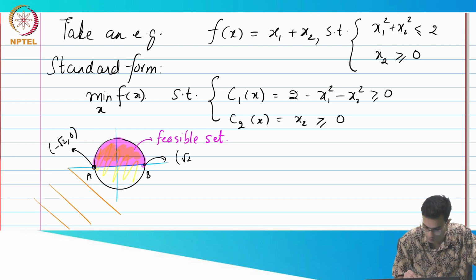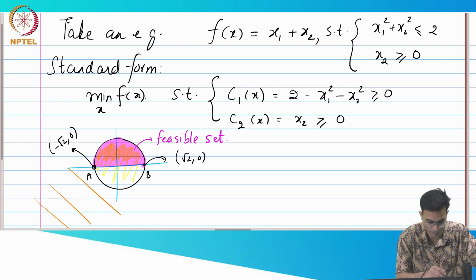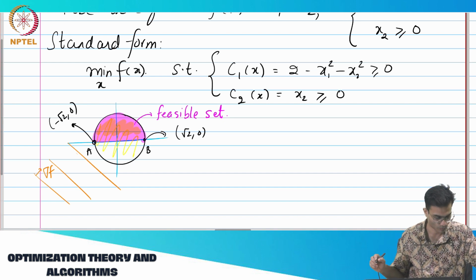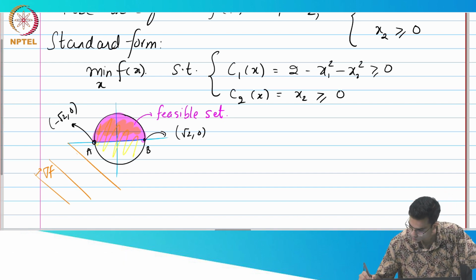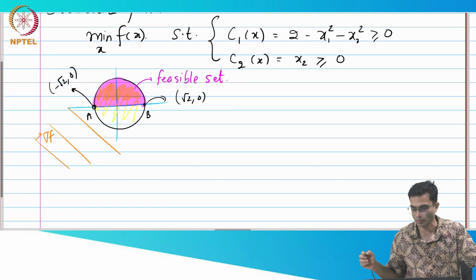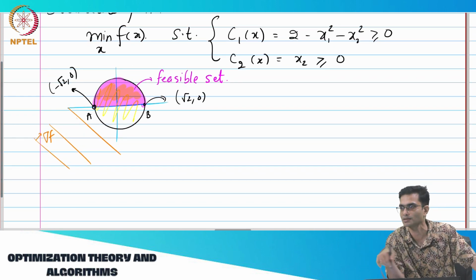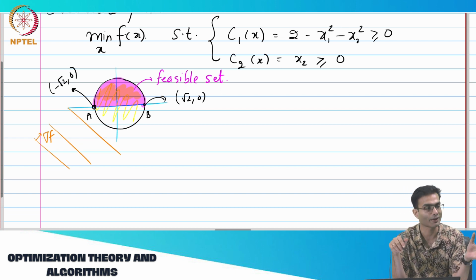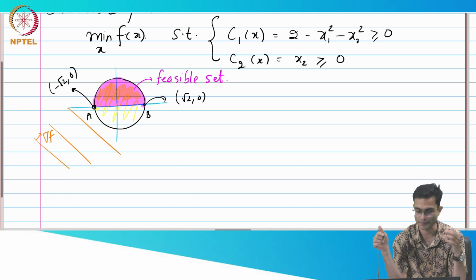This is root 2 comma 0. So what we'll do is we will look at these conditions which we have just formulated, and we'll analyze it for both point A and point B and see what is the difference between these two.